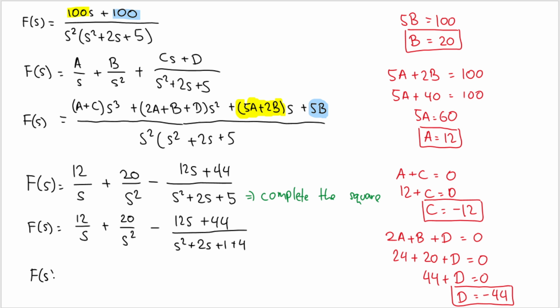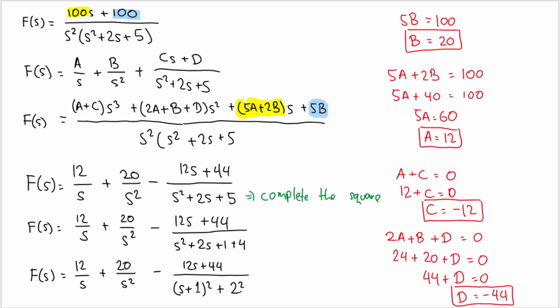So now we'll have Fs is equal to 12 over S plus 20 over S squared minus 12S plus 44. However, in the denominator, we will have S plus 1 squared and then plus 2 squared.